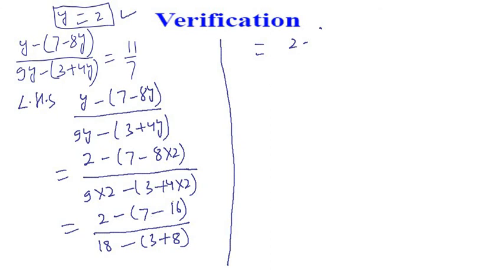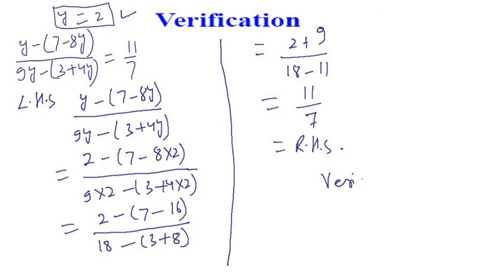It is 9 with a minus sign, so minus minus becomes plus, so it becomes plus 9. And here 18 minus 3 plus 8 is 11. So that becomes 9 upon 11, and here is the 7. So that is the right hand side of the answer. Hence verified.